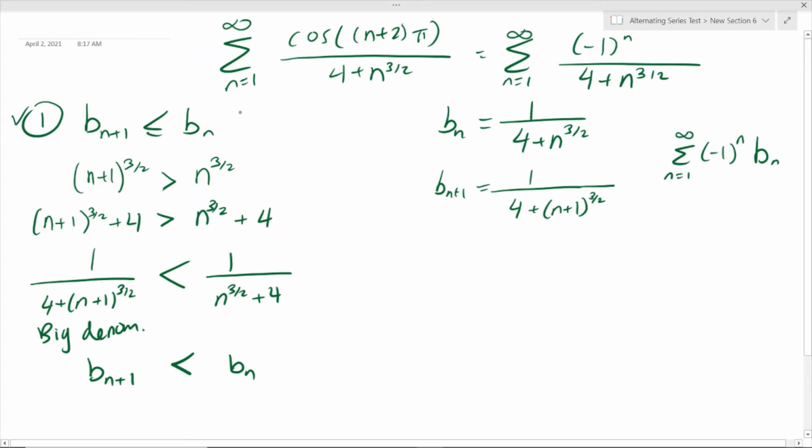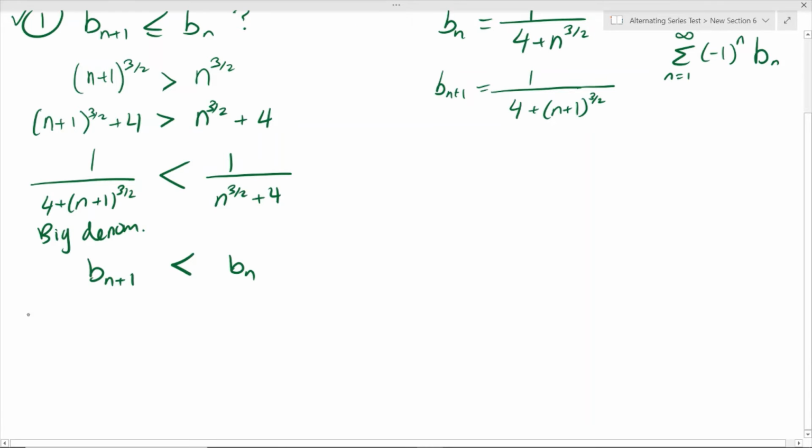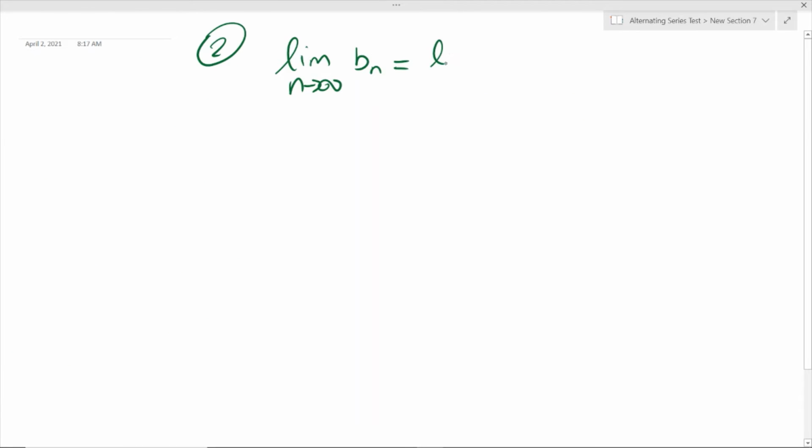So in the beginning we were asking whether this was true, and we found that it sure is. Now for our second condition, we are going to see whether, as n goes to infinity, b_n is equal to 0. We're going to evaluate this limit. As mentioned previously, our b_n is 1 over 4 plus n to the exponent of 3 over 2.